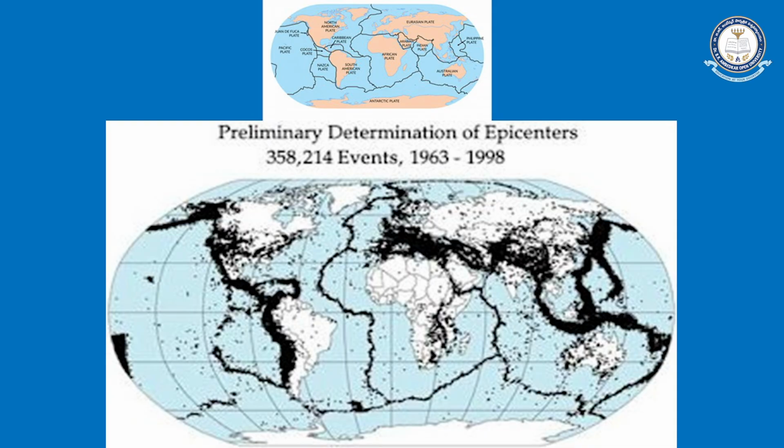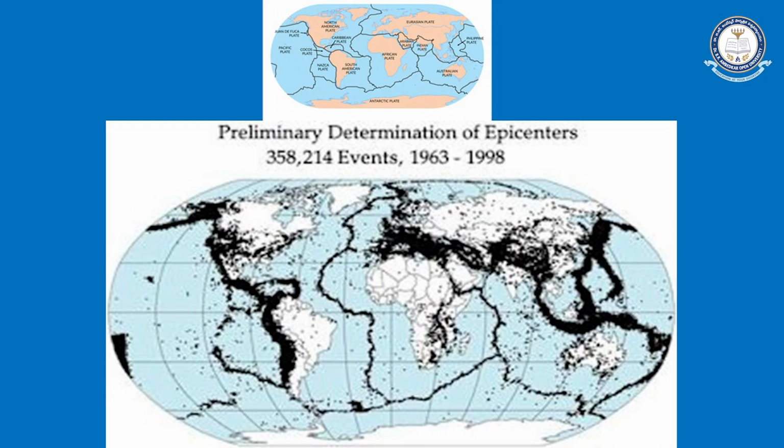So these are the major and minor earthquakes occurring in these areas, which actually fall parallel to your plates. So all different plates are trying to create these cracks and earthquakes. So all the zones of the earthquakes are majorly the plate boundaries. So wherever you have the plate boundaries, major and minor earthquakes are bound to happen.